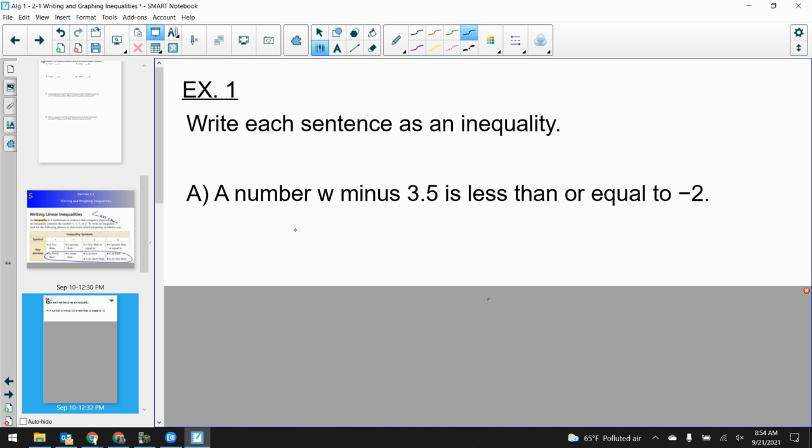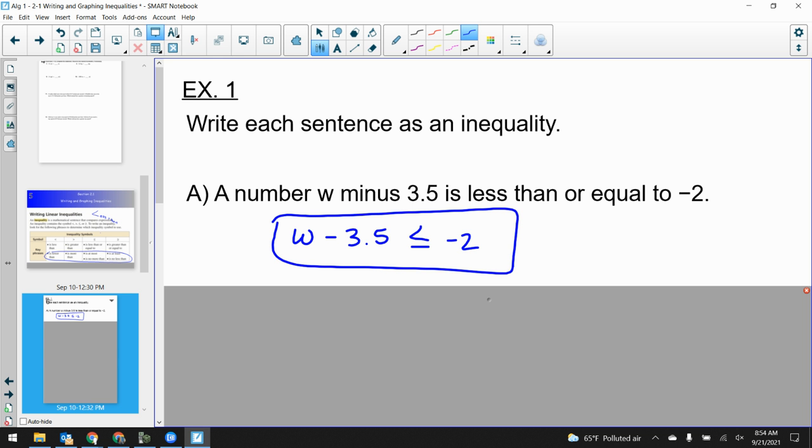A number w minus 3.5 is less than or equal to negative 2. That's all I want us to do right now, just write out the inequality. Because again, most of the time, the difficulty is not just solving an inequality, but how we create the inequality, especially based on word problems.